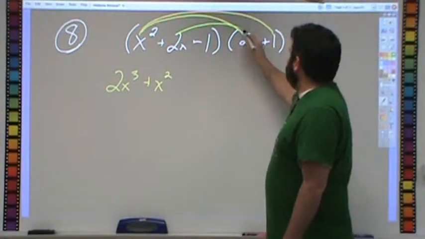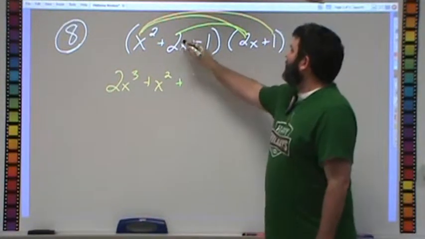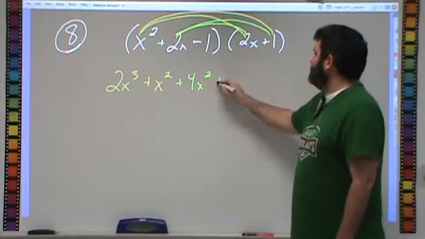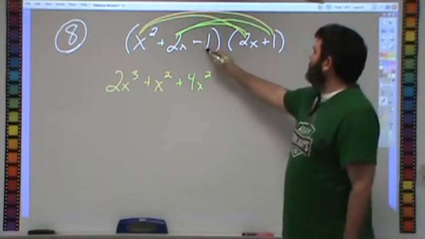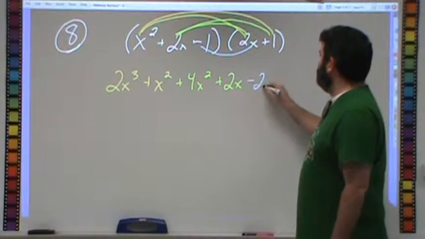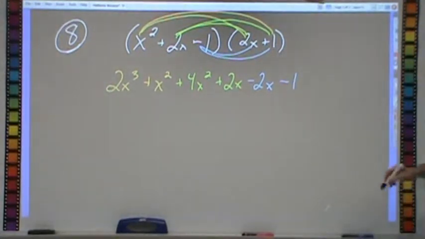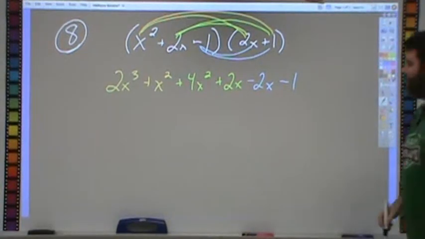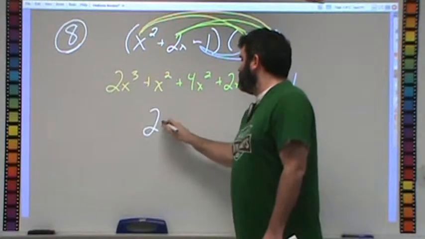Now 2x times 2x will give me a 4x squared, and 2x times 1 stays 2x. Finally, negative 1 times 2x is negative 2x. Negative 1 times 1 is negative 1. Now I just have to go through and combine my like terms. There's no other x cubed, so that's going to say 2x cubed.